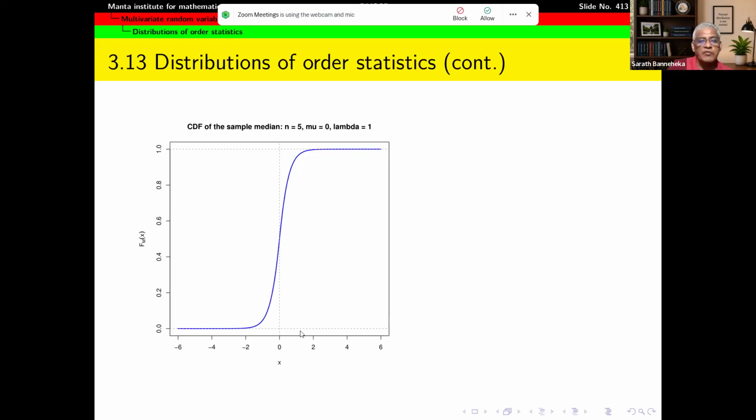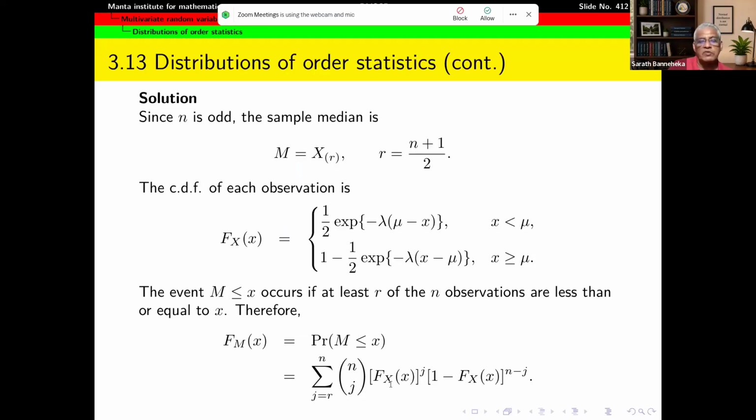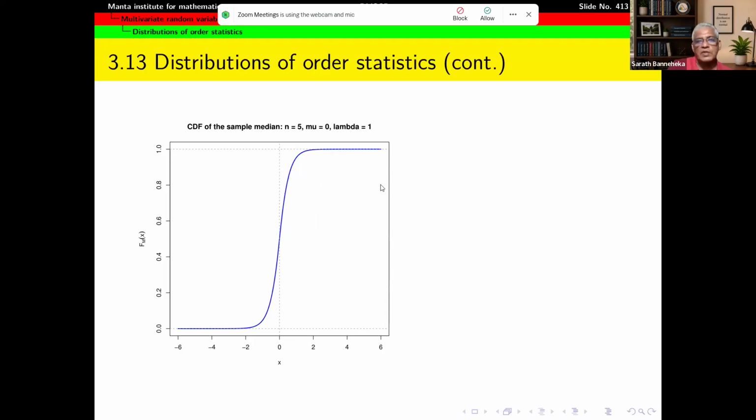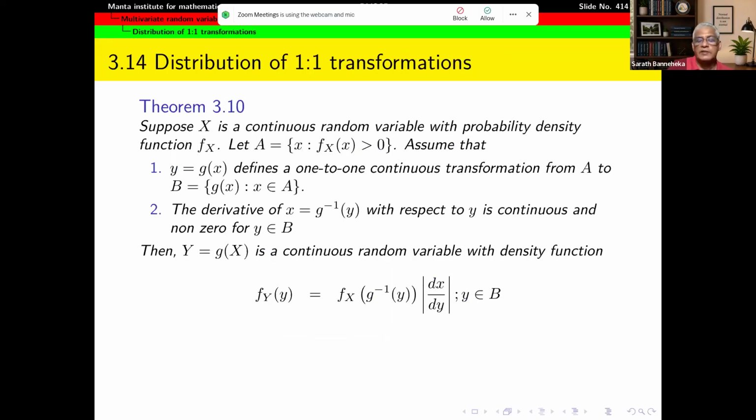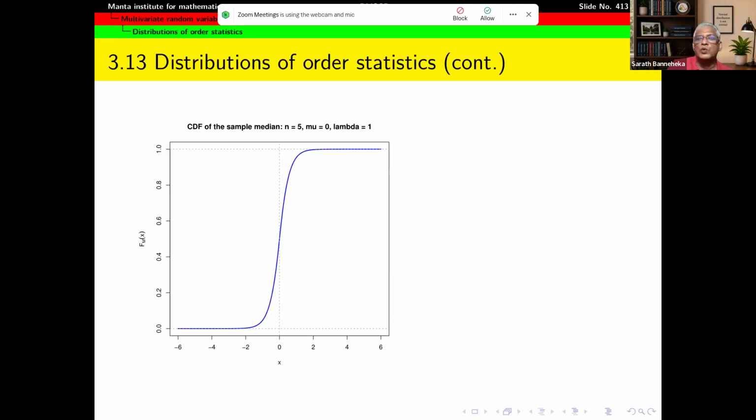When I'm calculating the CDF at any value greater than 0, I'll have to substitute this expression for F_X. Doing that, I got this CDF, which is the CDF of the median of a sample of size 5. That is the end of this part, which concludes our discussion about order statistics. I think that is a good place to stop this video.